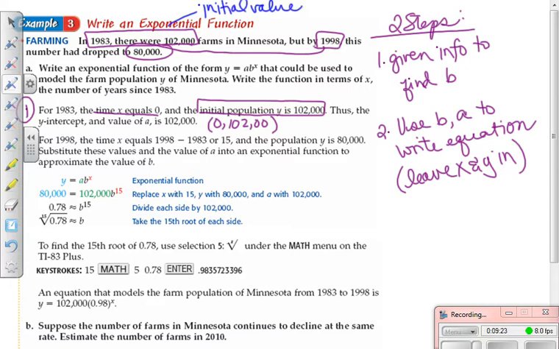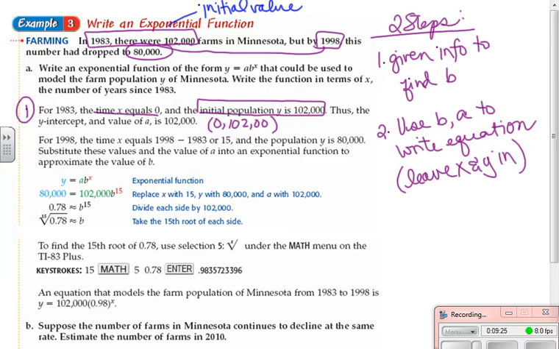And then they're going to give us some other value down the line. So in 1989, what is x? It's 15. It's 15 years after our initial point. We get that by subtracting. And our population is 80,000. So this gives us the ordered pair 15, 80,000.